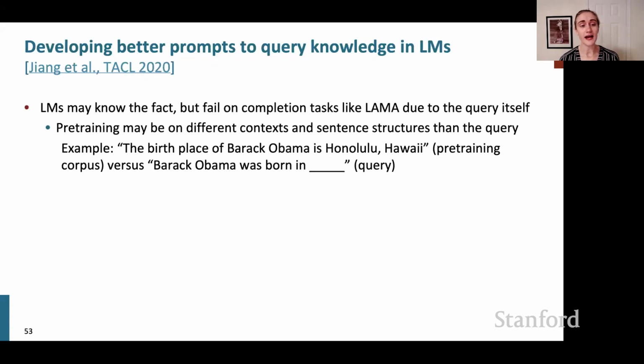So for example, you might have in your pre-training corpus, the birthplace of Barack Obama is Honolulu, Hawaii. And this might be something you see in Wikipedia, for instance, which is a common training data set. And then as a researcher, you write, Barack Obama was born in blank. And you can see that these sentence structures are pretty different. So the model might have seen the first fact, but the sentence structure difference is actually enough to confuse it, so it can't answer this query.